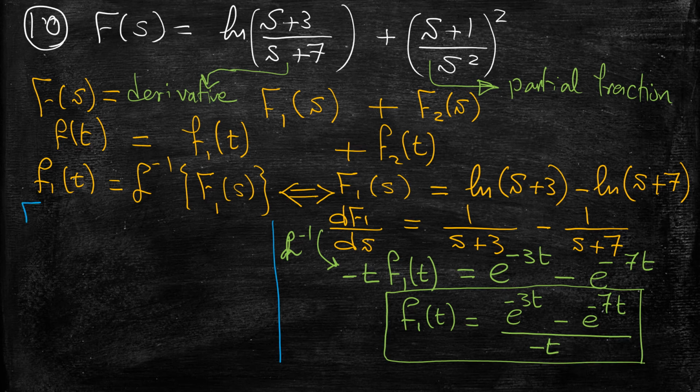I have f2 of s equal to (s plus 1) over s squared, all squared. So just do simple partitioning here. It will be s over s squared, which is 1 over s, and we have another term, which is 1 over s squared, and all these terms are squared.